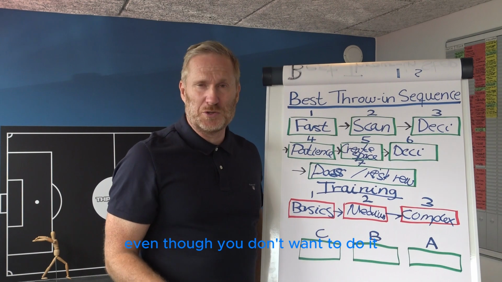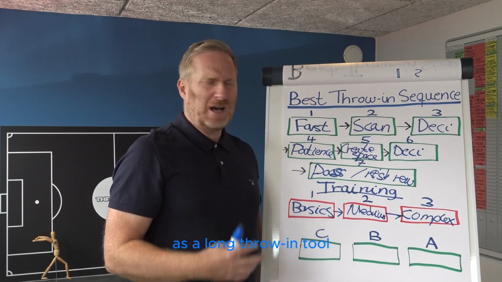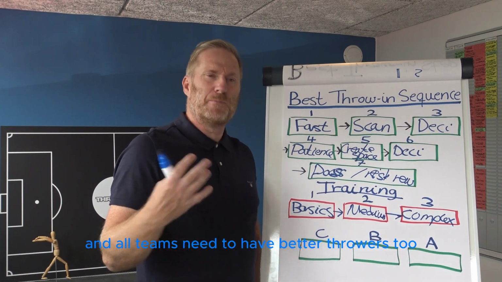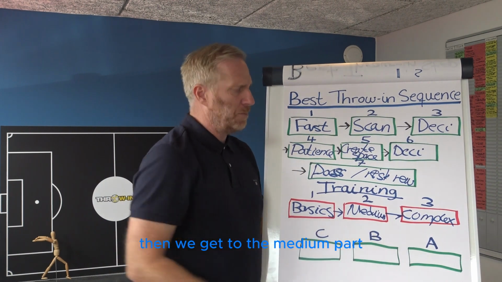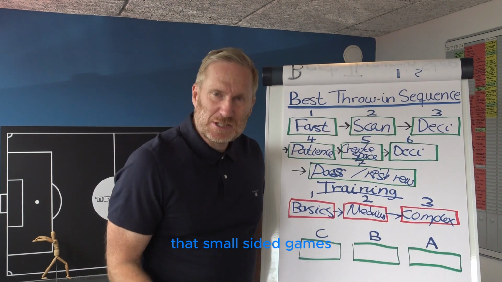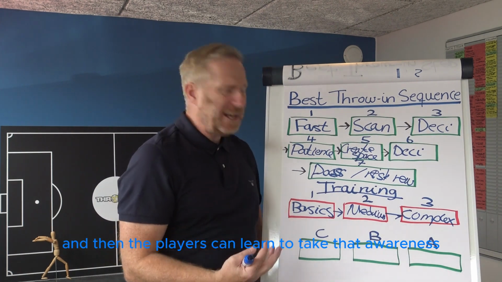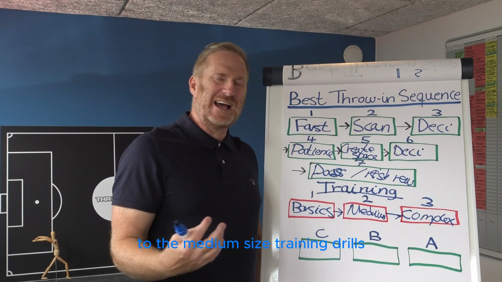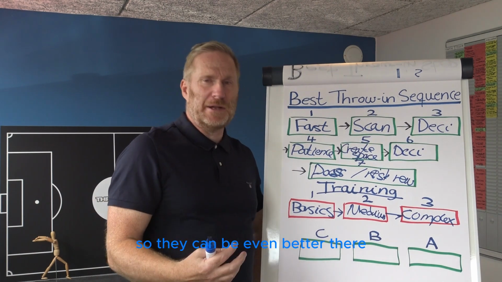Even though you don't want to use this as a long throw-in tool, all players need to throw further, and all teams need to have better throwers too. So that's all the basics. Then we get to the medium part in training. That's small-sided games, and then the players can learn to take that awareness they learned in the basics to the medium size training drills, so they can be even better there.